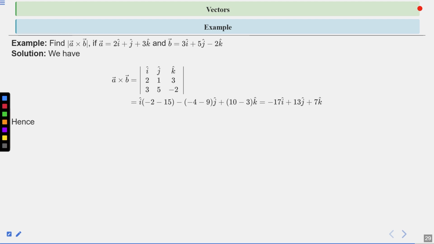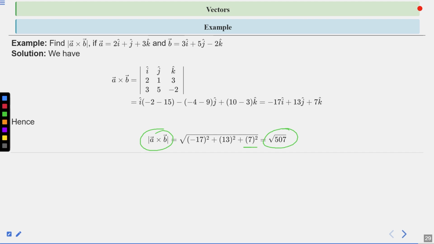So hence the mod of A cross B is under root minus 17 whole square plus 13 whole square plus 7 whole square. So the final answer is under root 507. Yes, this is correct. Clear?